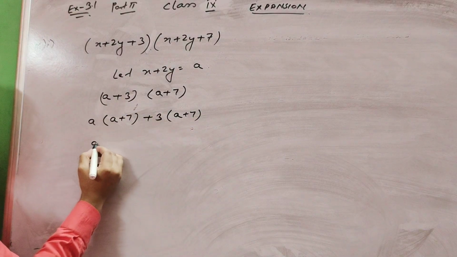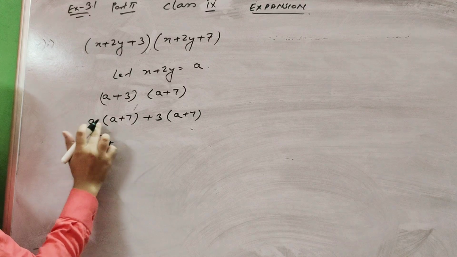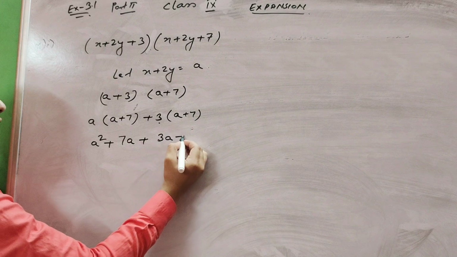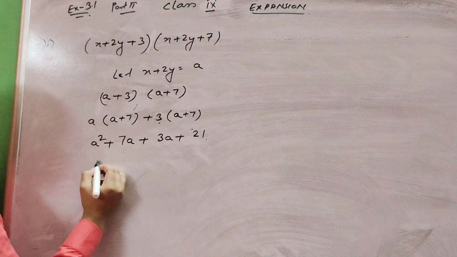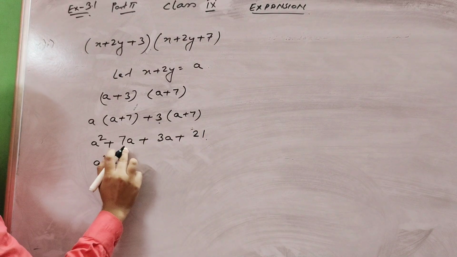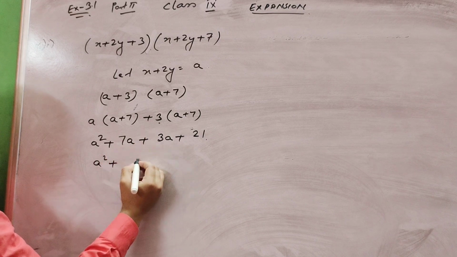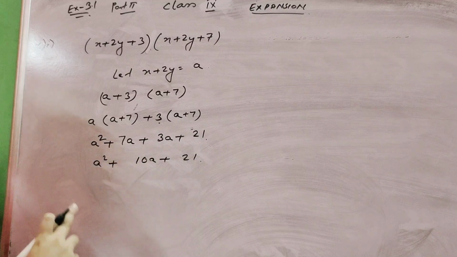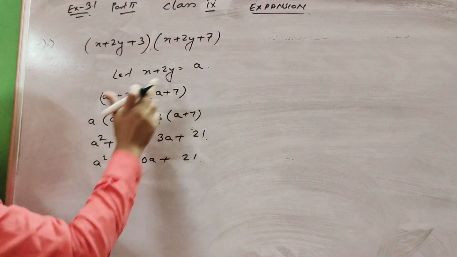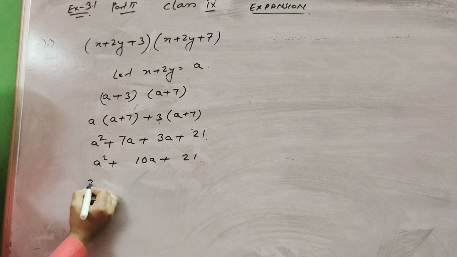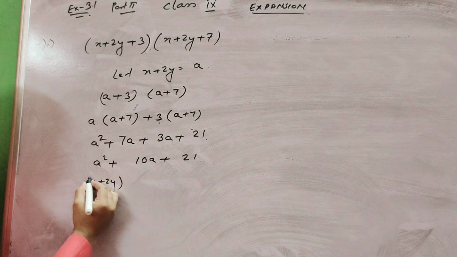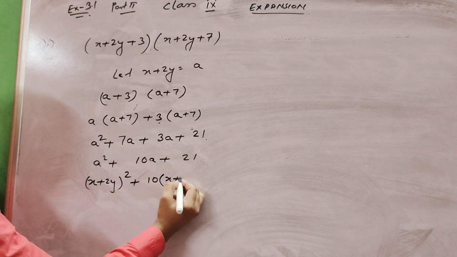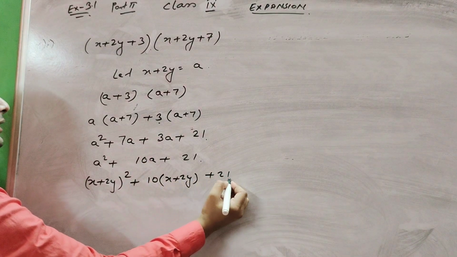So a into a is a square, plus a into 7, 7a, plus 3 into a, 3a, plus 3 sevens are 21. So a square plus 7a plus 3a, that is 10a plus 21. But we took x plus 2y as a, so in place of a we write x plus 2y whole square plus 10, in place of a again x plus 2y, plus 21.